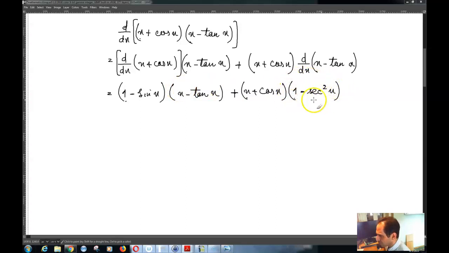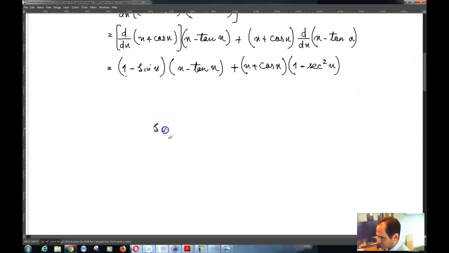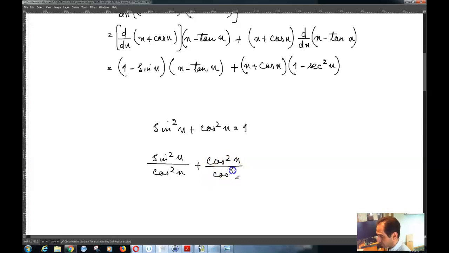Okay, so you know that 1 minus secant squared x, you know that sine squared x plus cos squared x is equal to 1. Now, if you divide by cos squared x, you will get sine squared x by cos squared x plus cos squared x by cos squared x is equal to 1 over cos squared x.